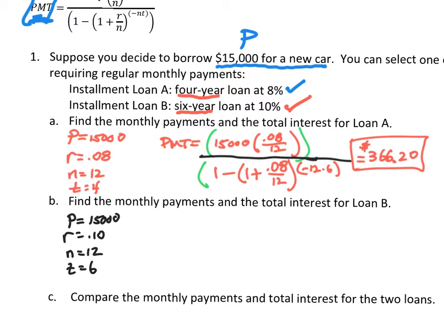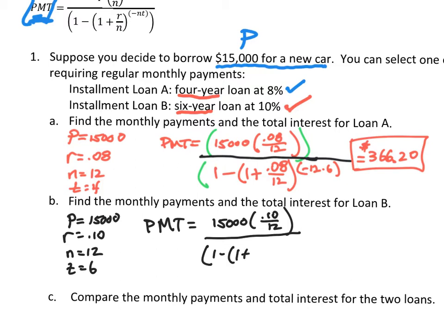So again, all we got to do is plug in the values for the payment formula that is given to you. So 15,000 times 0.10 over 12 divided by 1 minus (1 plus 0.10 divided by 12) raised to the negative 12 times 6.